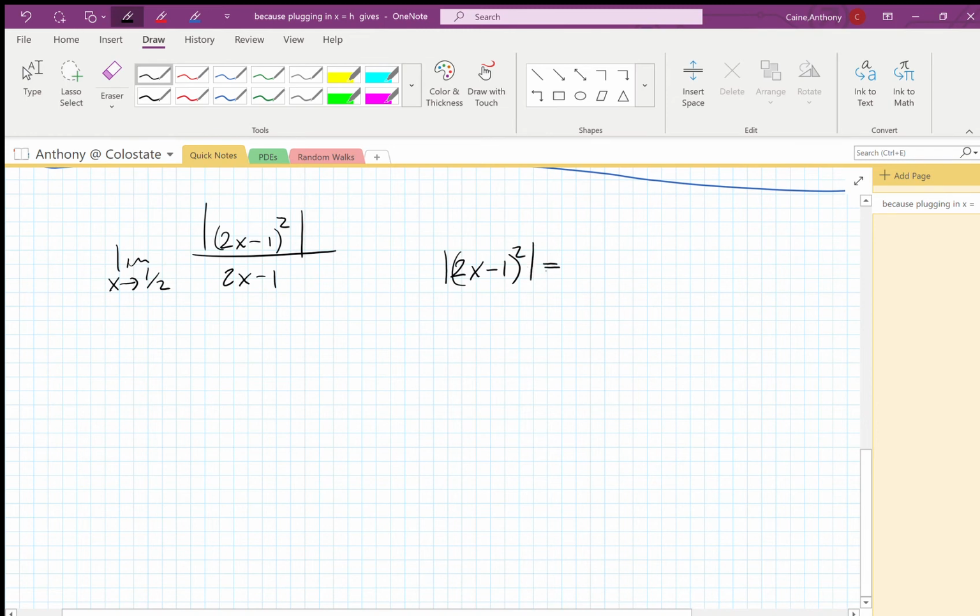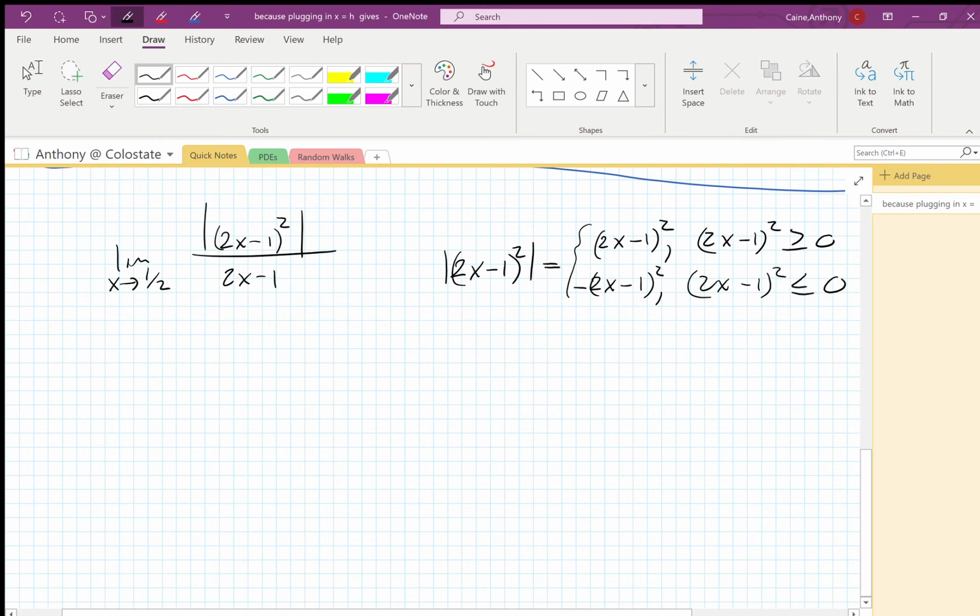Absolute value is equal to the same thing that's inside when that thing is positive, and it's equal to the thing inside with the sign flipped when that thing is negative.